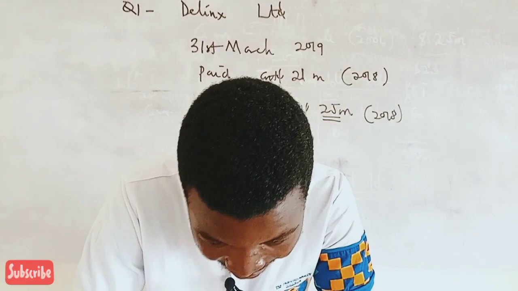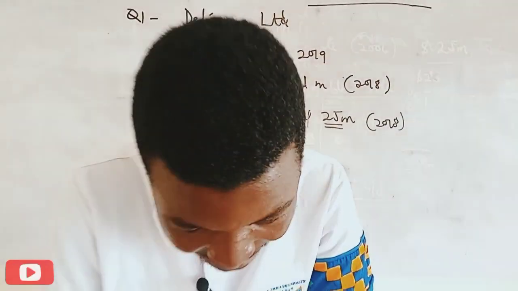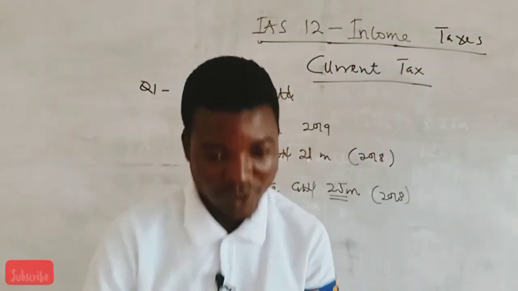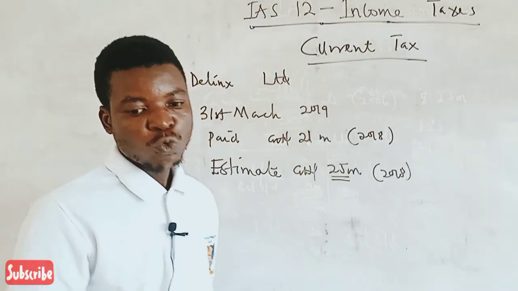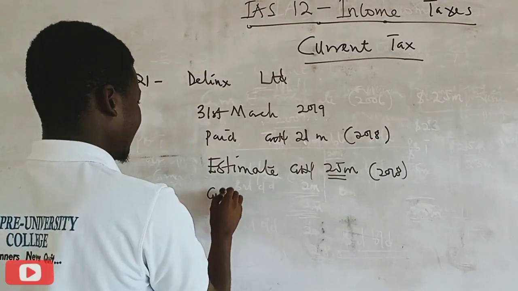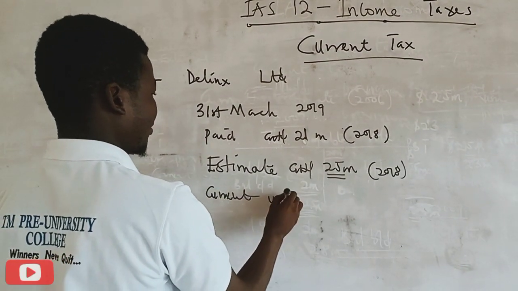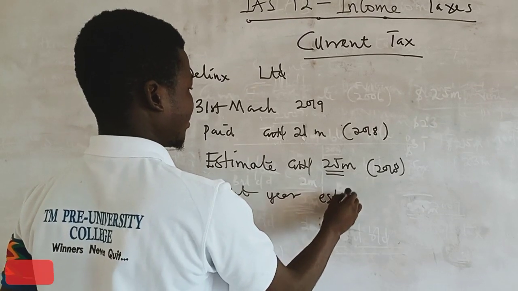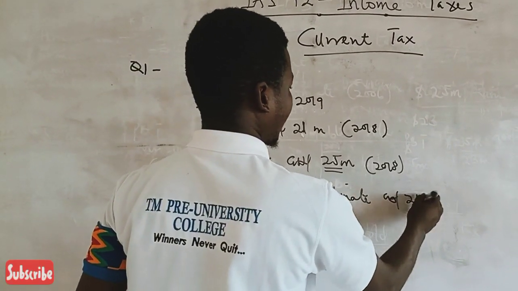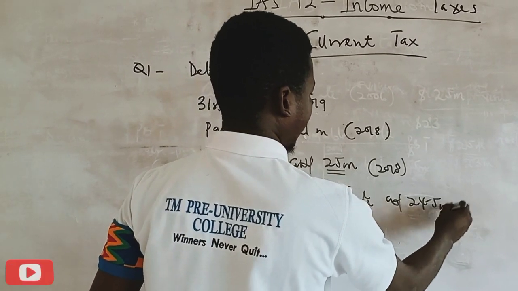The directors estimate the liability for the year ended 31st March 2019 at 24.5 million. That is the current year estimate.